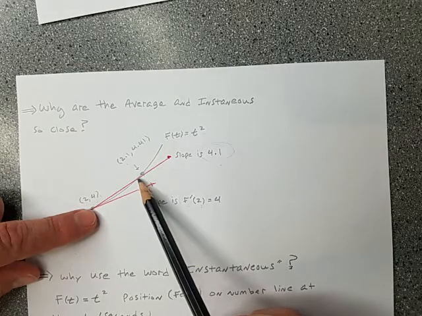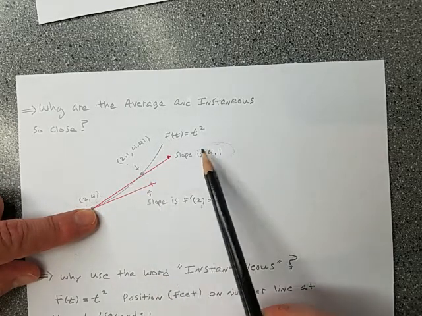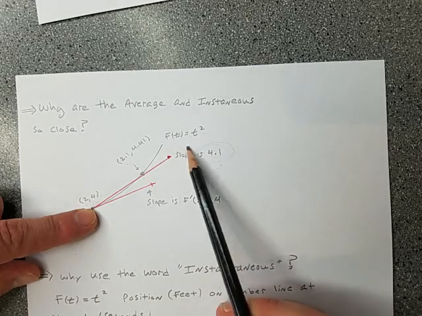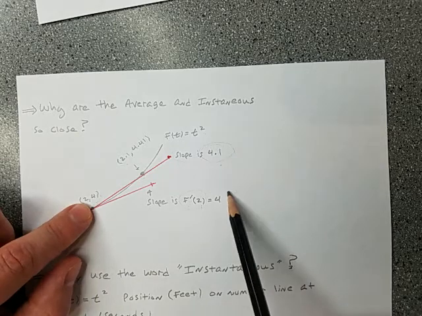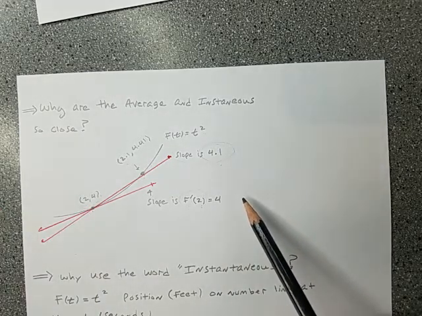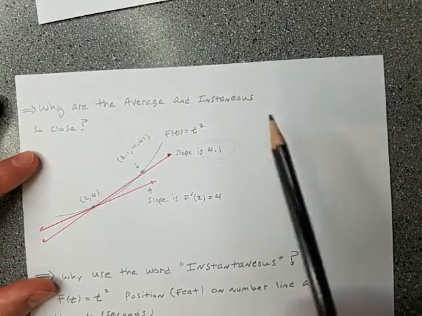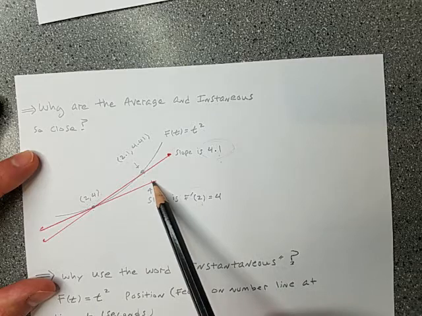The closer this point is to this point over here, the closer the average rate of change, or the slope of the secant line, is going to be to the slope of the curve. Can you see why that is? Yeah, 4.1 is just a tad steeper than 4.